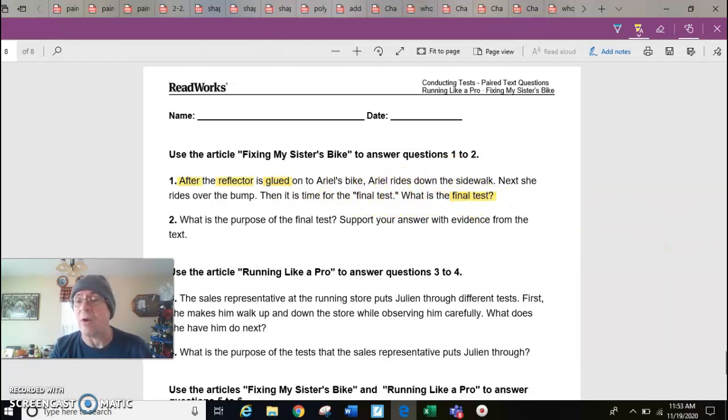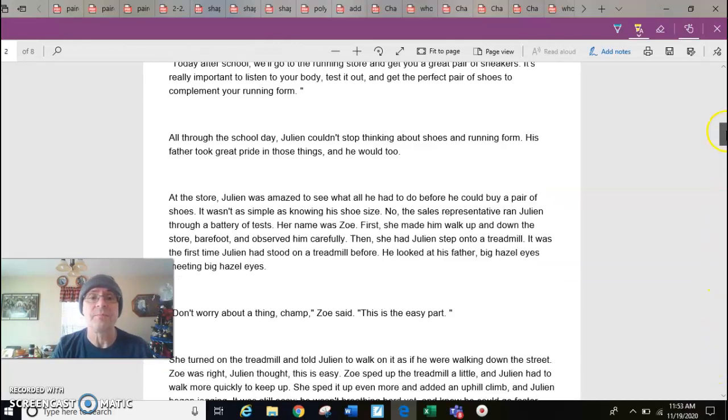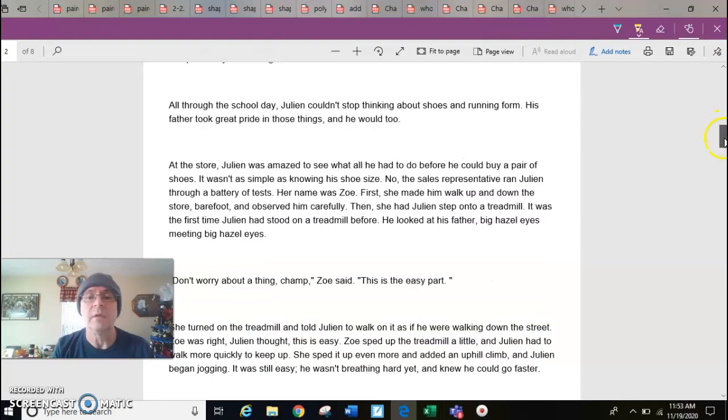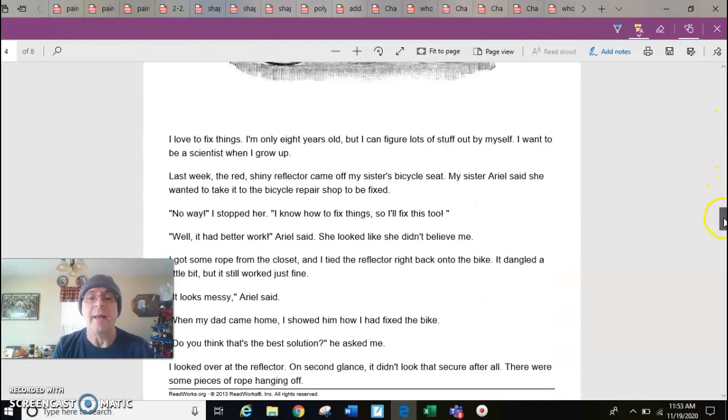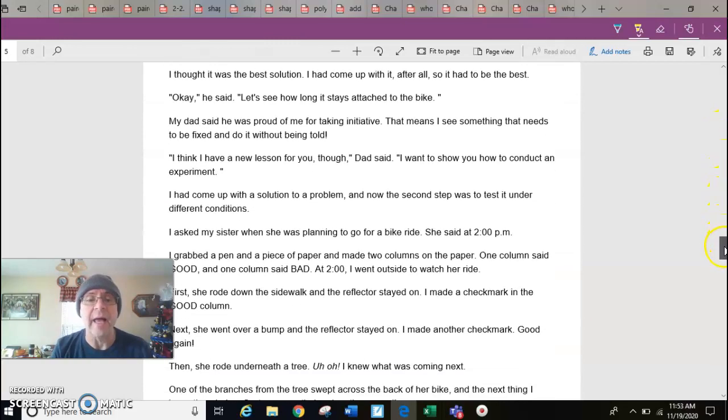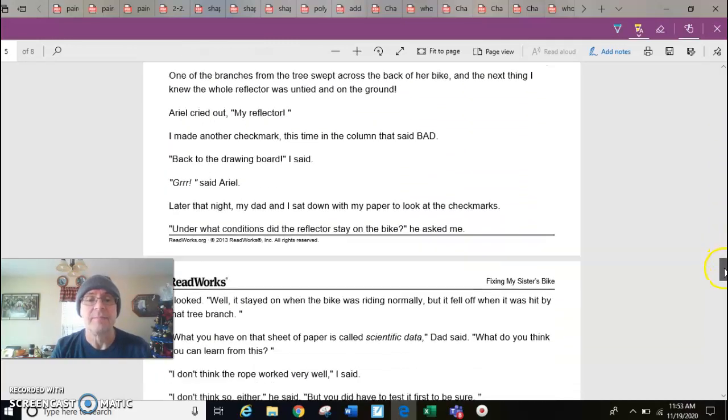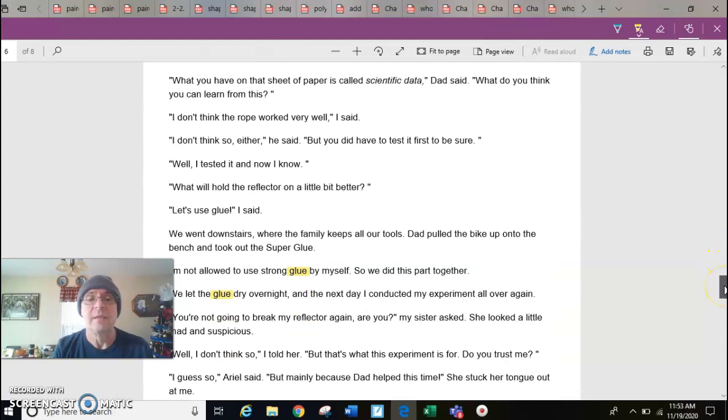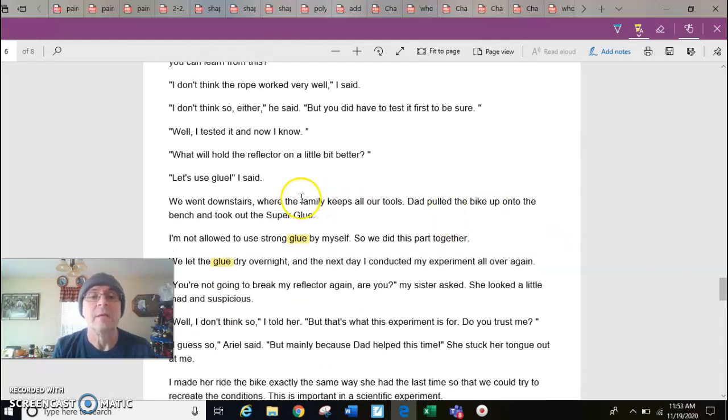Now, I'm going to go to that article. Up here. That's not it. It's this one. And I'm going to look, and I highlighted, there we go. We took out some super glue, right? Let's use glue. Okay, glue, we found that. That's one part, right? But the question was after they glued it together.